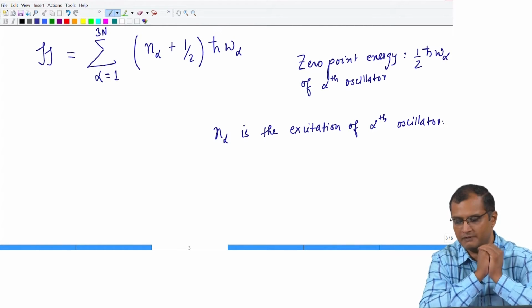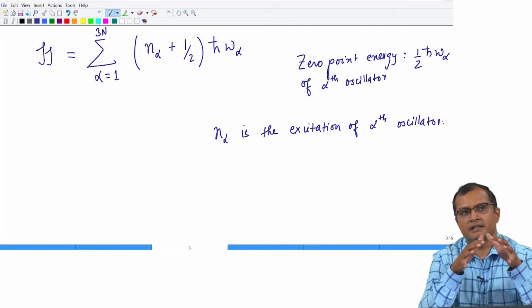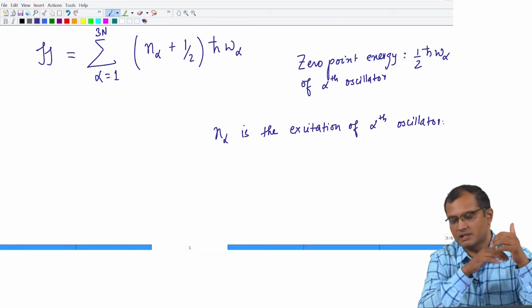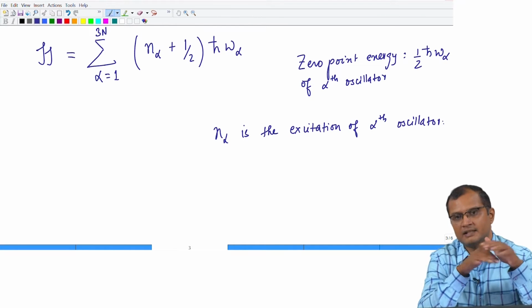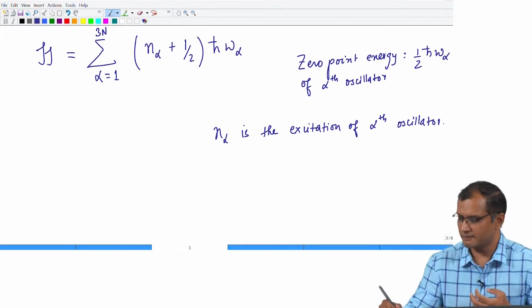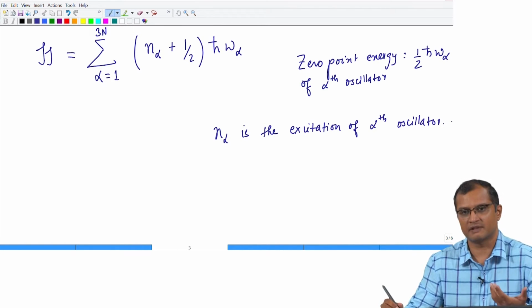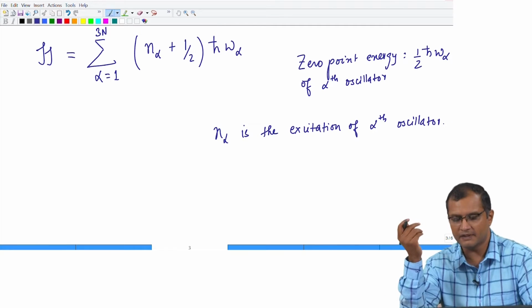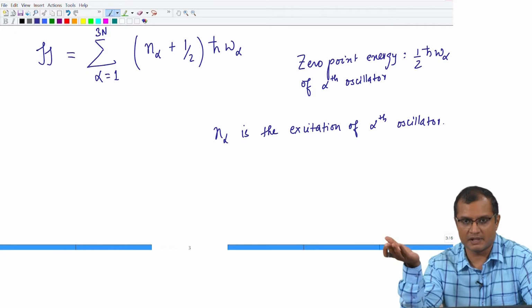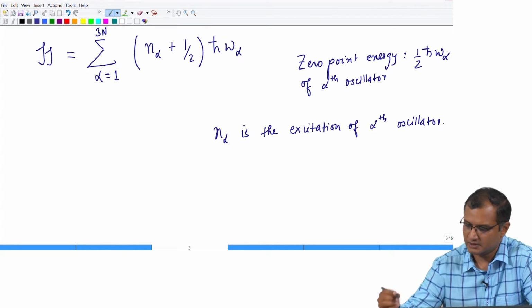So, how many phonons are there, how many quanta of energy, which is the number of phonons in that energy level alpha or in that oscillator. And omega alpha tells us the vibrational frequency of that oscillator, the fundamental frequency of that oscillator.